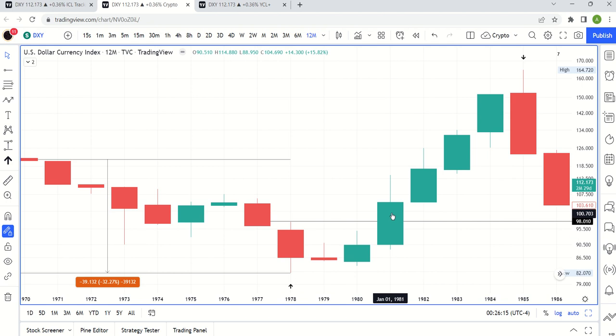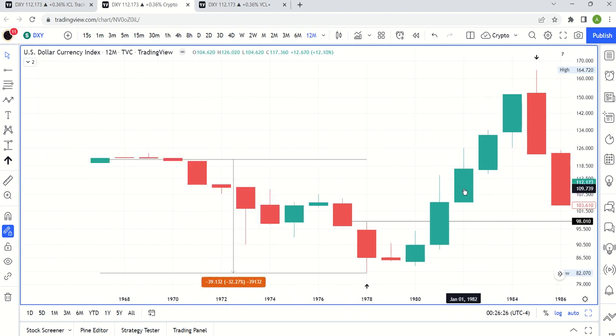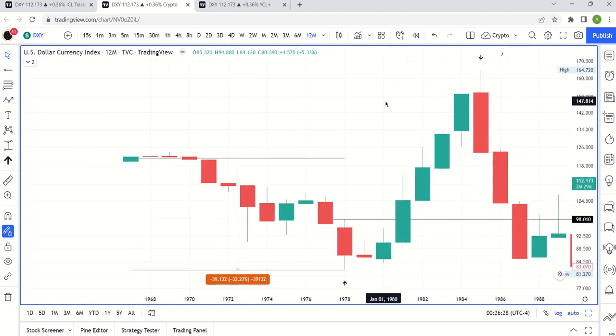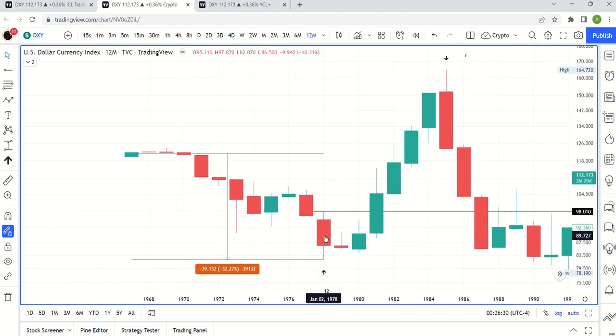And then you had 1, 2, 3, 4 years of just green, higher high, higher high, higher high, higher high, right? So that cycle bottom happened here. This is a 12-year decline, because, excuse me, each of these candles is a year, right?